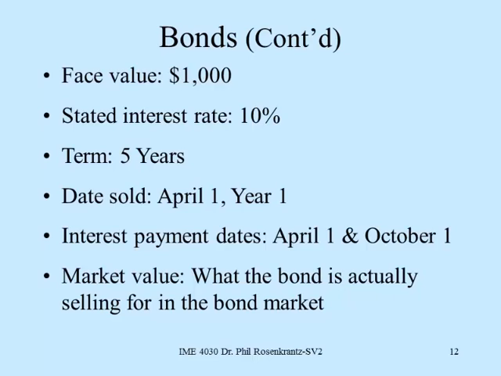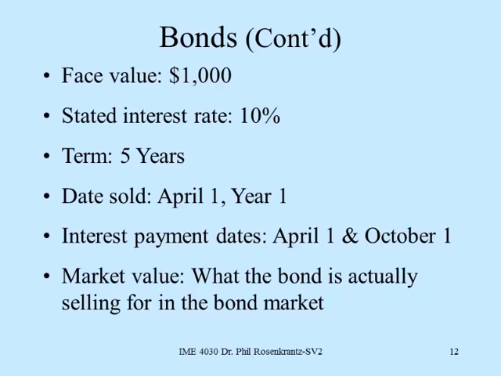On April 1st, 5%, or $50, will be paid to the bond owner, and again on October 1st. So you know how much money is actually coming in. It's not variable. It's fixed at that $50. And so the market value of the bond is what it's actually selling for on the bond market.